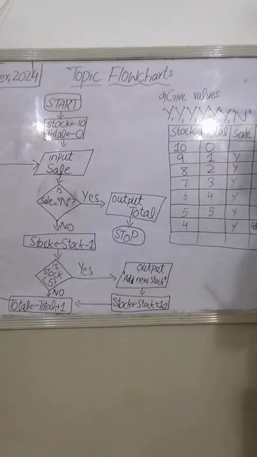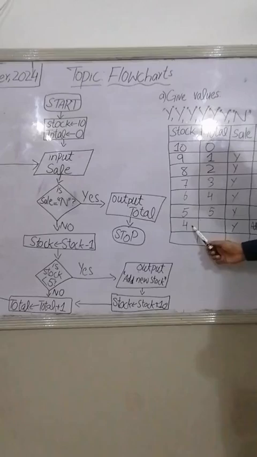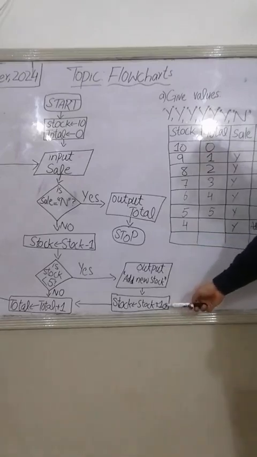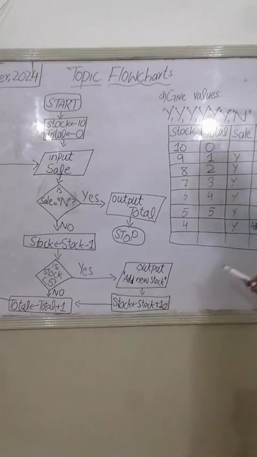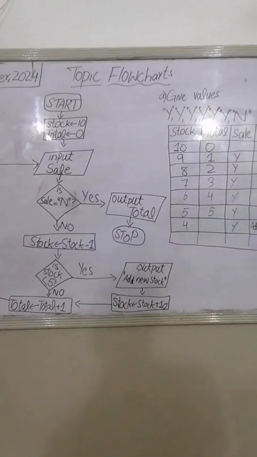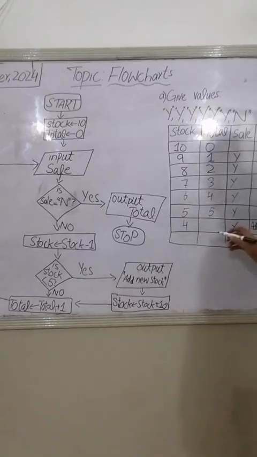So you have to check the value of stock from the table, that is 4. 4 plus 10 will be 14, and we'll move towards the total side, and that is total plus 1. So what is the value of total? The value of total is 5, so 5 plus 1 will become 6, right?